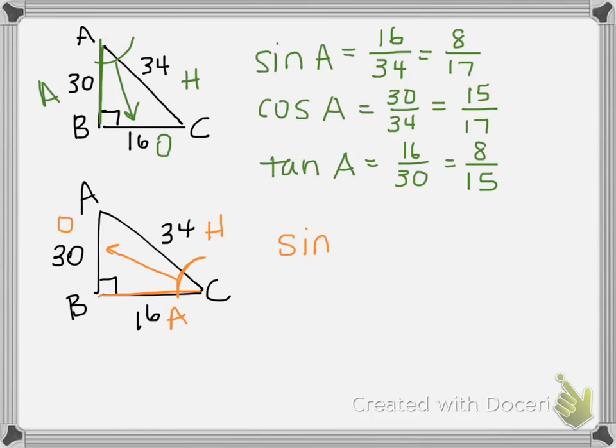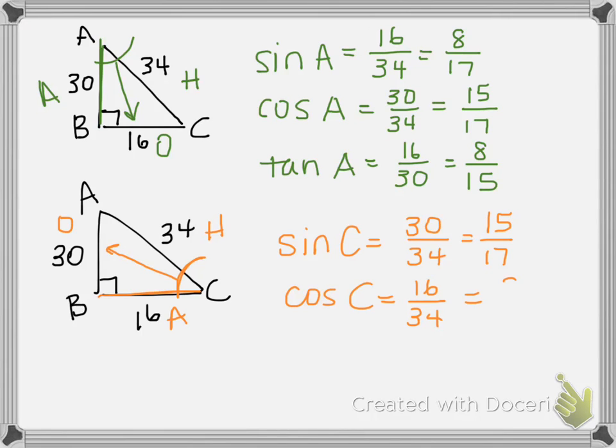So sine of C is going to be 30 over 34, which reduces to 15 over 17. Cosine of C is going to be 16 over 34, which reduces to 8 over 17. And then tangent of C is going to be 30 over 16, which reduces to 15 over 8.